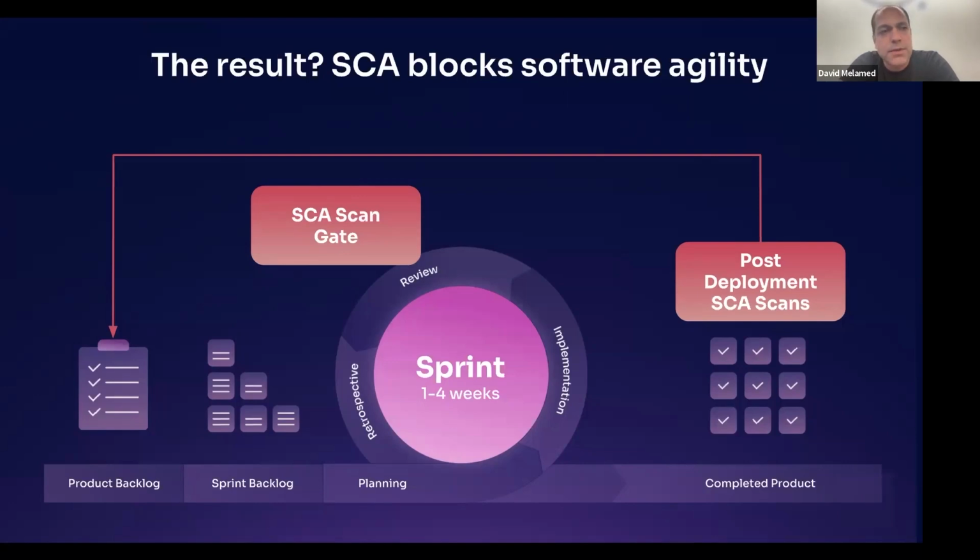Now, once something is out on production, if you run a scanner and find a new issue, think about the overhead for a developer team that now needs to go to maybe some service they haven't touched for a while, and upgrade one of the dependencies to remove the vulnerabilities in production. That's a huge headache. So at the end, SCA at the moment is really blocking the agility of the team, and there should be a better way to deal with that.